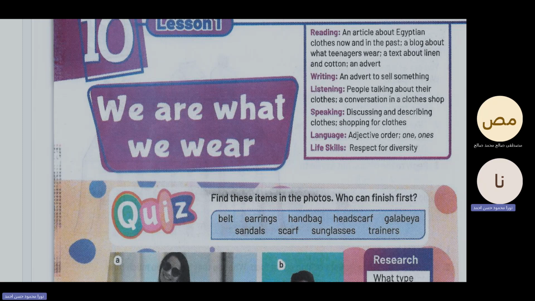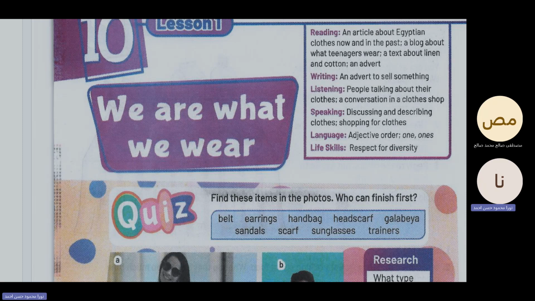In the listening section, you will listen to people talking about their clothes, and a conversation in a classroom. And don't forget about speaking. You will discuss and describe clothes, and shopping for clothes. And don't forget the language part. In the language part, you will learn how to order adjectives.